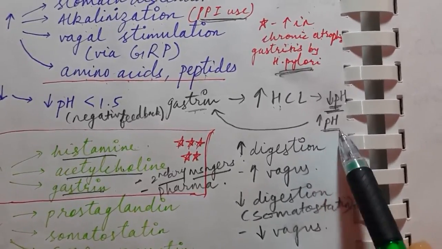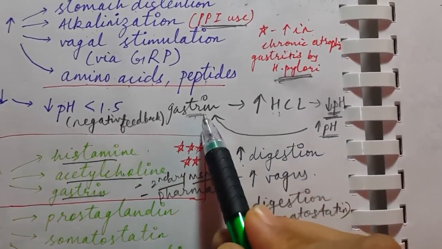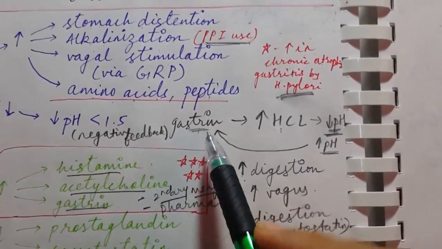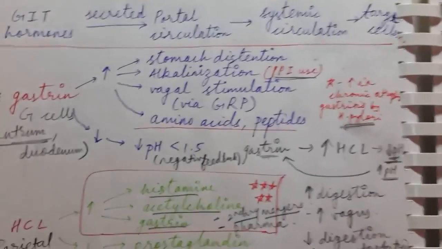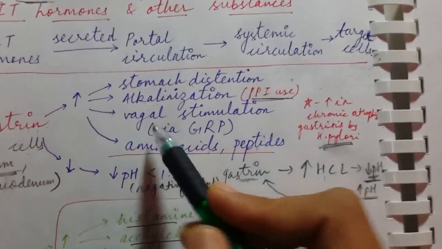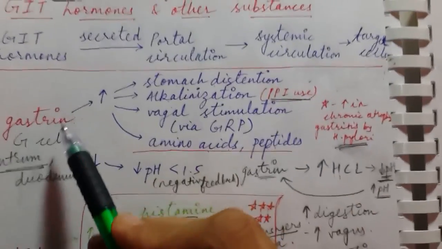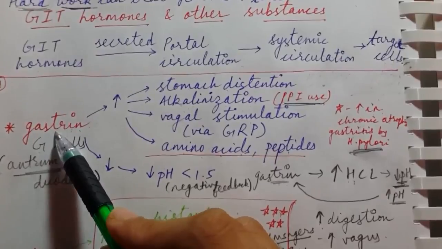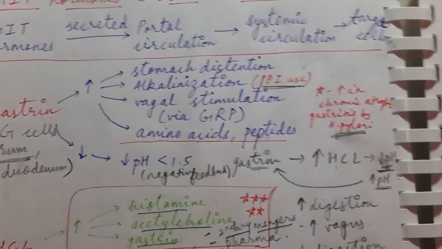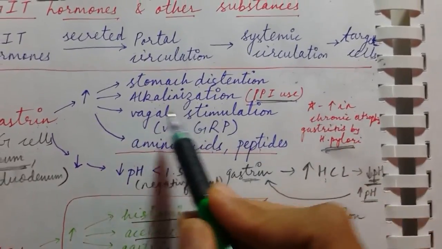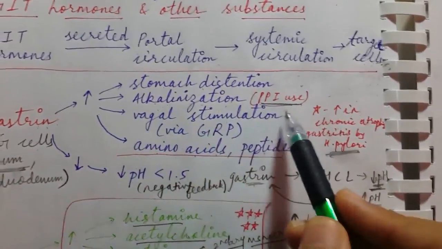Whenever there is an increase in pH, the gastrin will be increased. This is very similar to the feedback mechanism which we see in the endocrine system. So remember that alkalinization will cause an increase in gastrin production. The classic example is chronic use of proton pump inhibitors, which leads to alkalinization.